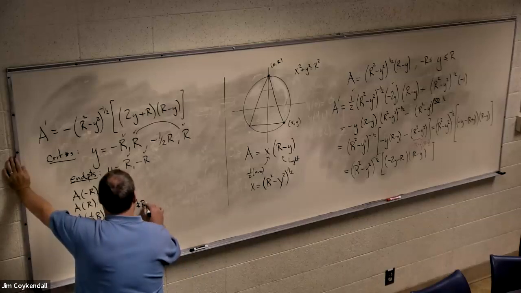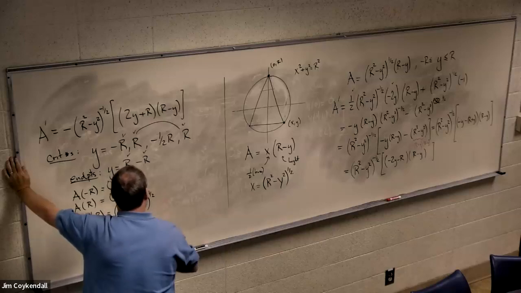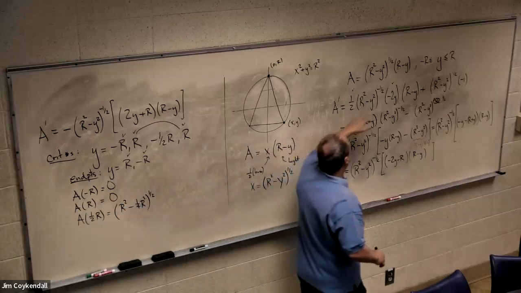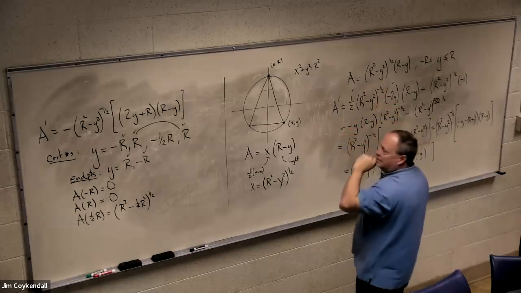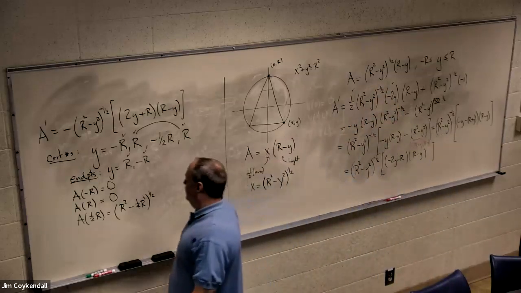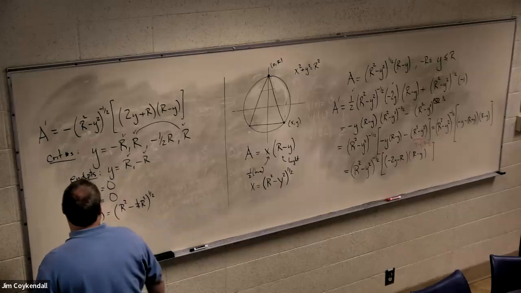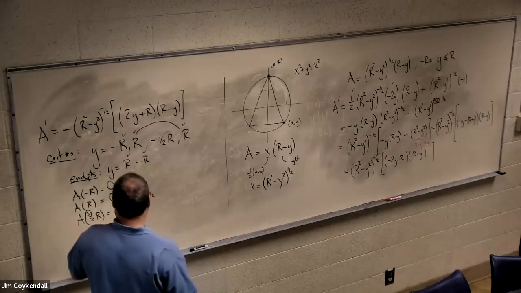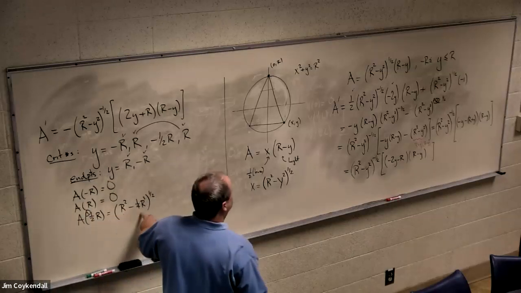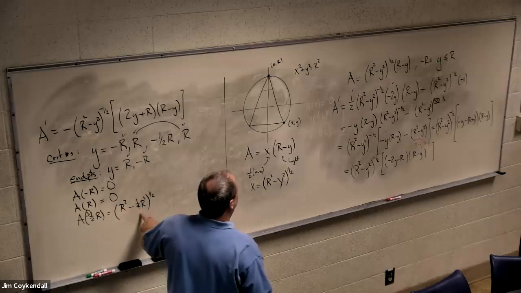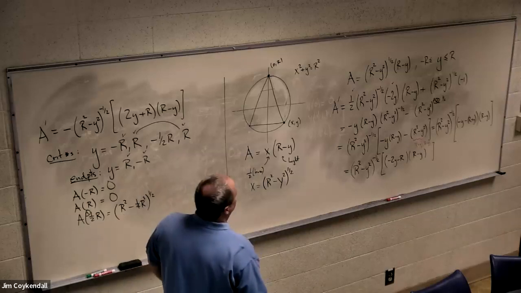when I plug in 1/2 R, I'm sorry, minus 1/2 R. Including minus 1/2 R, I get R squared minus 1/4 R squared, square root of that.